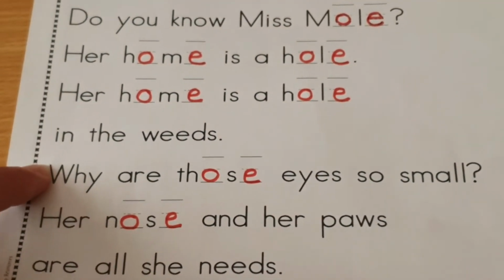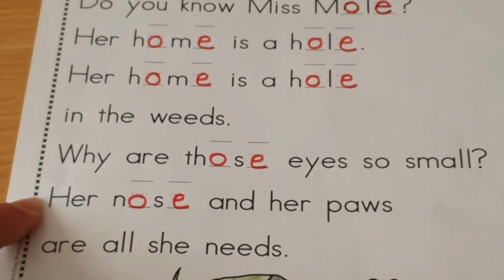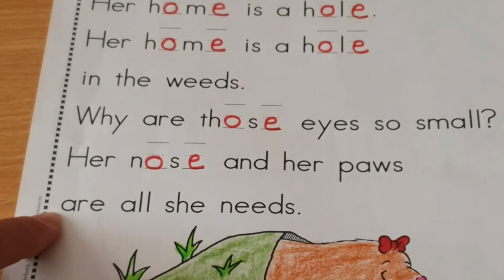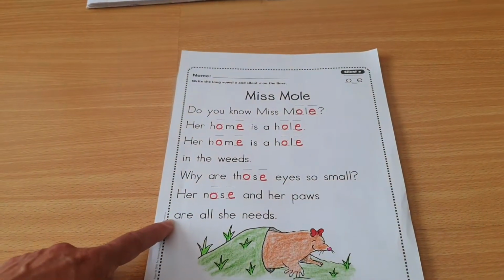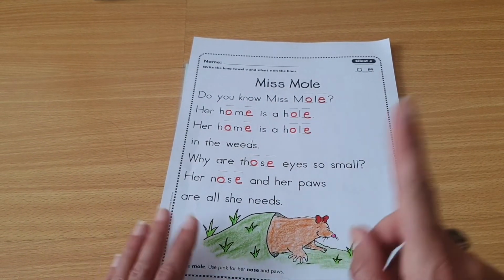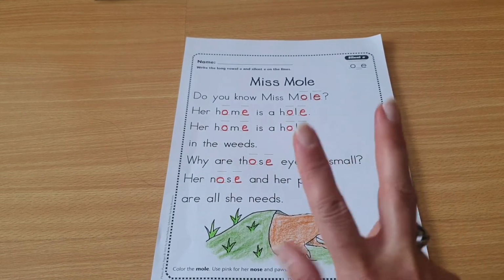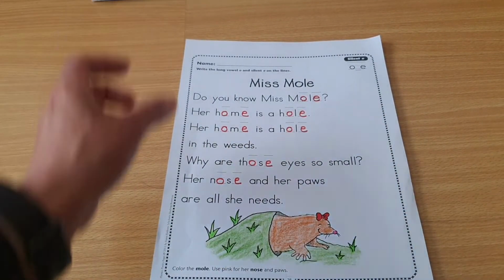Why are those eyes so small? Her nose and her paws are all she needs. Now, boys and girls, Esmeralda is going to put a picture of this below. No copying. You read 3 times to mommy and daddy, but no copying, okay? You only copy the words.